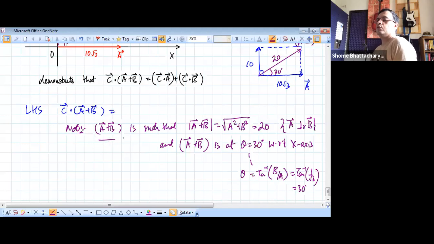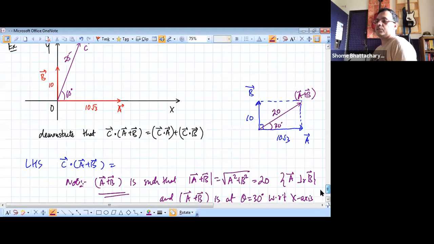That's the first thing. So now I found out this vector. Next I'll have to take the dot product of it with C and find out how much that is.